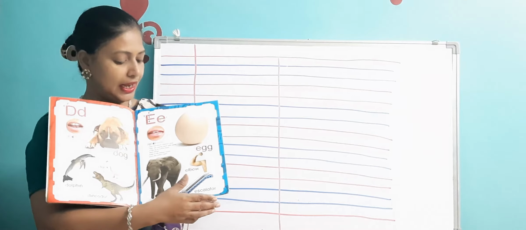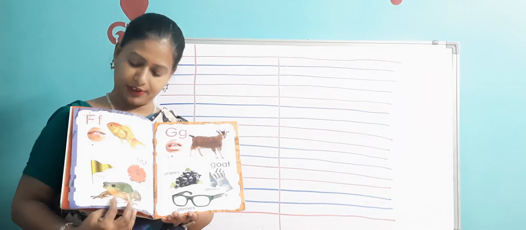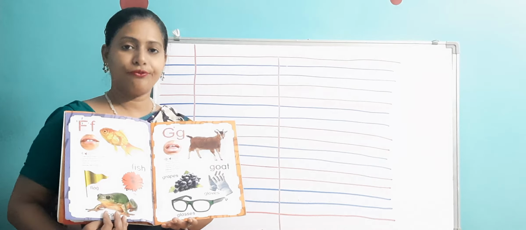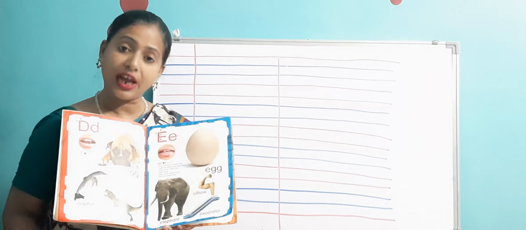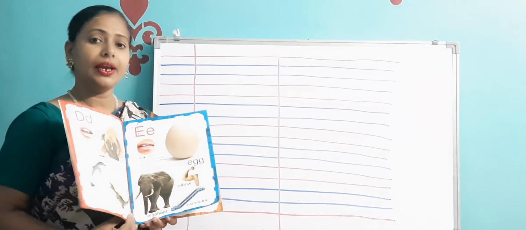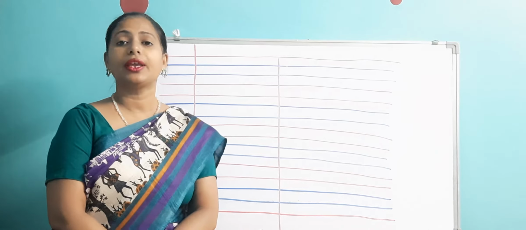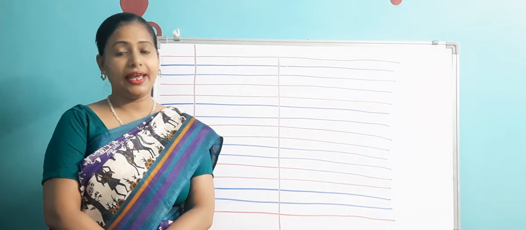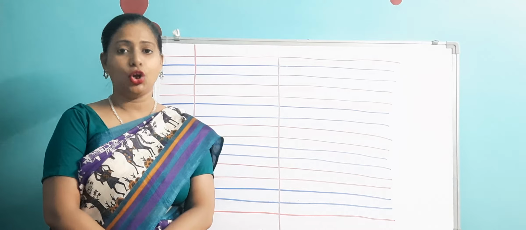Now today I'll teach you E for elephant or E for envelope and F for fish. So we have already done till D, how to write within the lines in your English copy. Now today I will teach you alphabet E and F, how you are going to write in the copy.